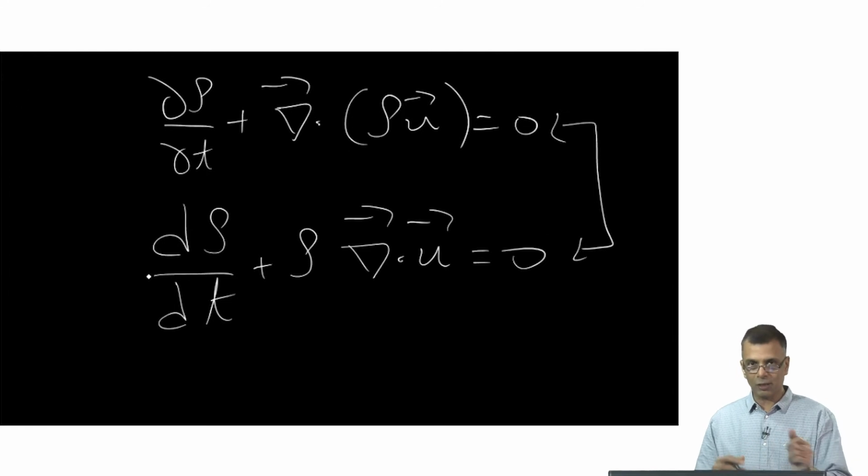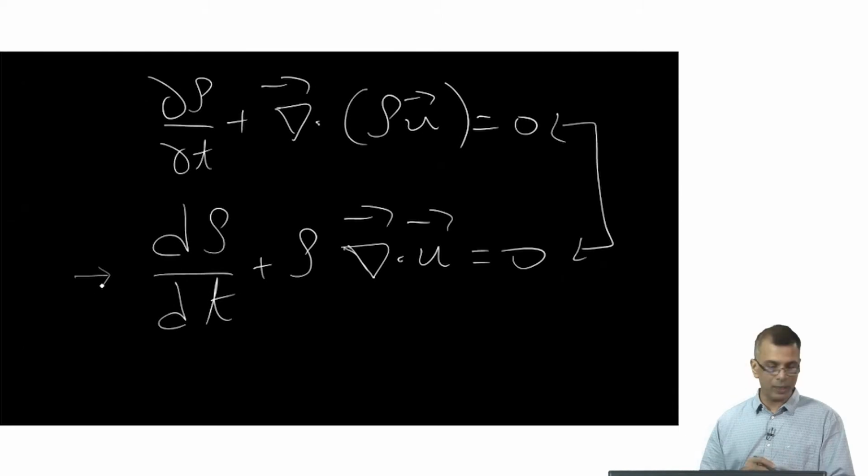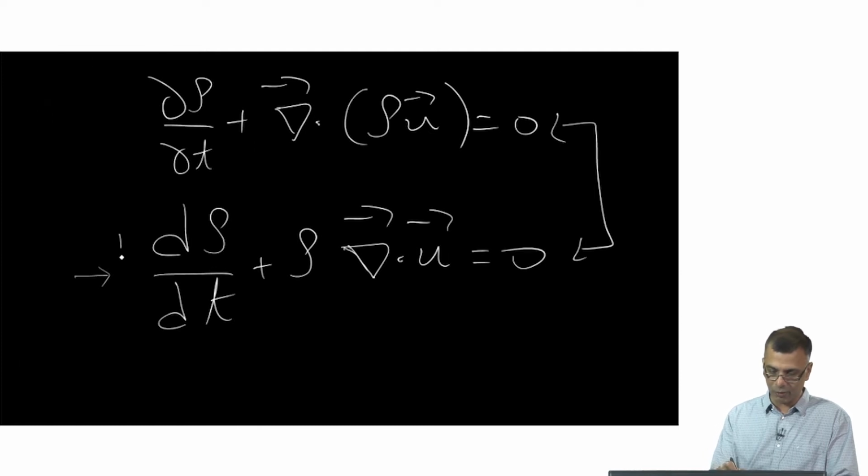There are different advantages in considering different perspectives. And there's an advantage with looking at this perspective, and that is it's easy to talk about compressibility or incompressibility while looking at this picture. So you can divide this entire thing by rho, and you can write 1 over rho here, and this goes away when you divide by rho.